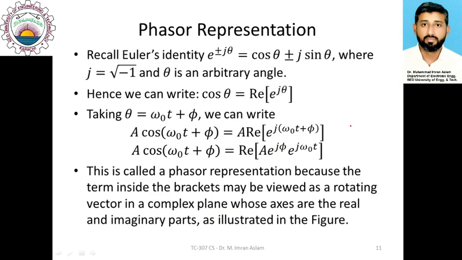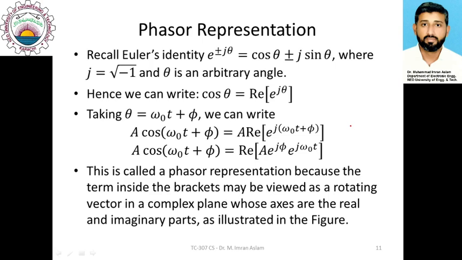So far we have talked about two important aspects regarding signal representation. One is the frequency domain representation of a periodic function. So far we have only discussed the one-sided spectrum, but in our next lecture, inshallah, we will be talking about the two-sided spectrum as well.